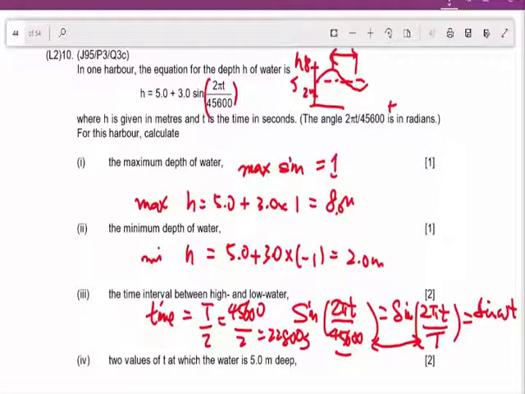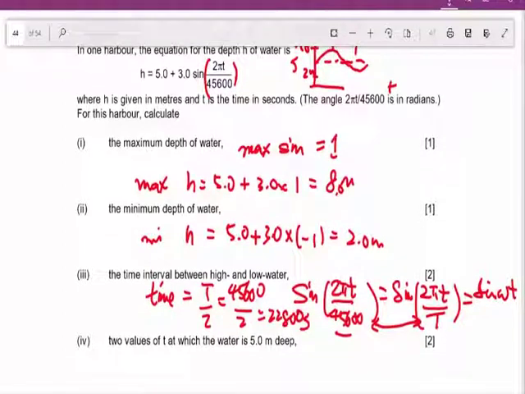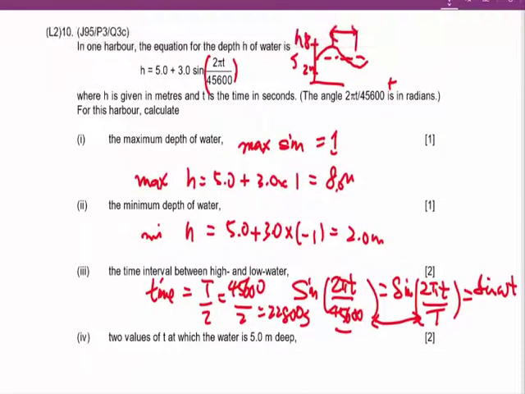Now, the value of t at which the water level is 5 meter. At the beginning, when t is 0, it is actually 5, but we don't count t equals 0. So essentially, you want to find the next time when the level is 5 again.